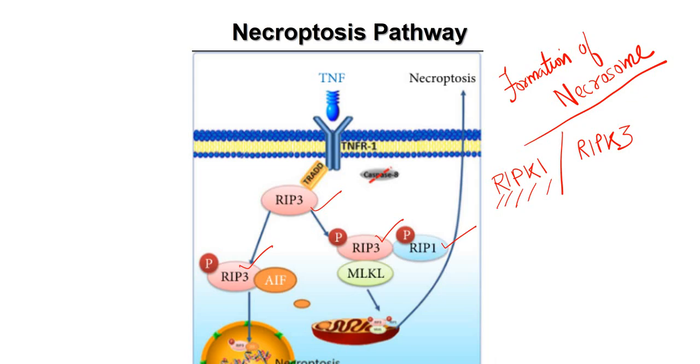So what happens in the formation of necrosome? By using RIPK1 and RIPK3, a complex is formed. Upon activation, RIPK1 and RIPK3 interact to form a multi-protein complex.